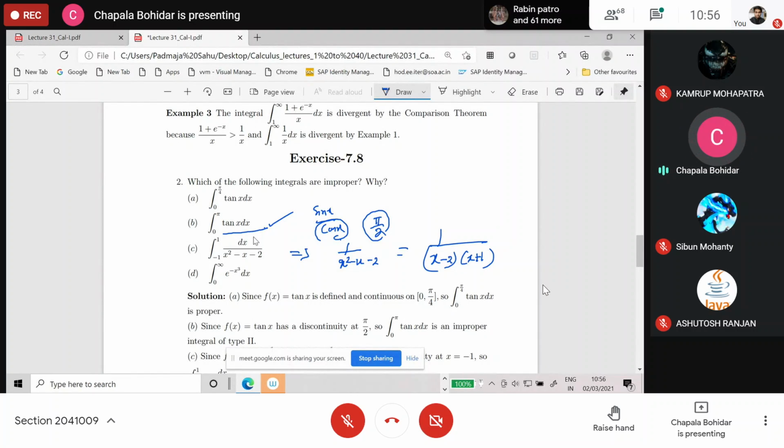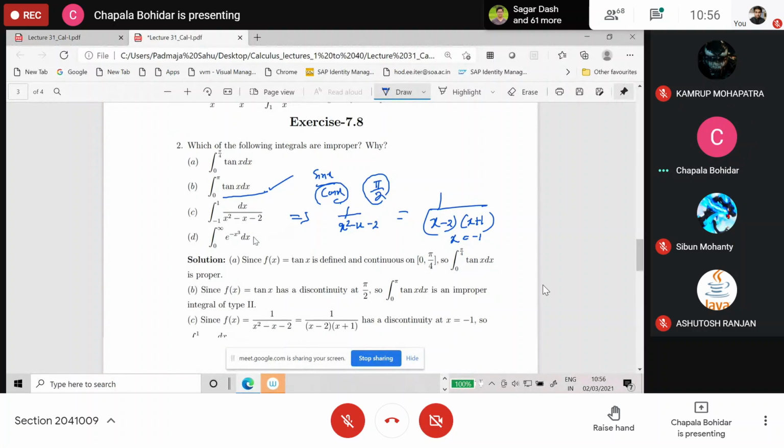Okay, so it is discontinuous at x is equal to minus 1. Clear? It is an improper integral of type 2. Minus 1 is here. Then what will I do? Limit t tends to minus 1 plus, then we solve our problem. So it is also an improper integral.